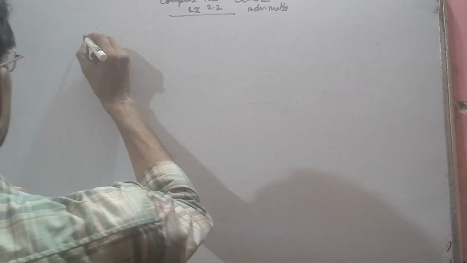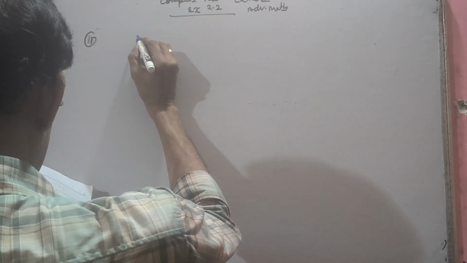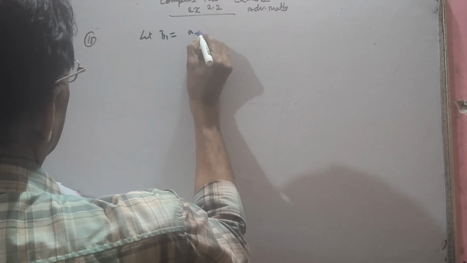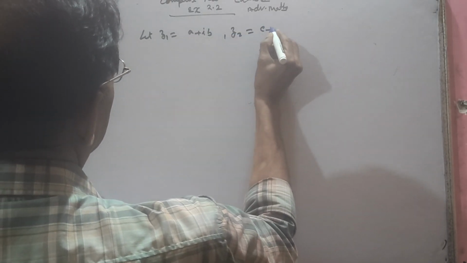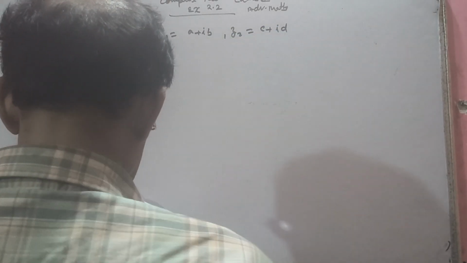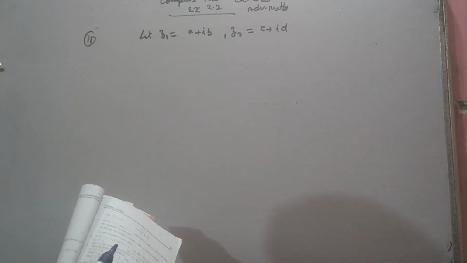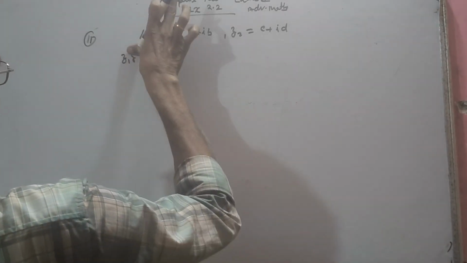Now number 10, find the additive and multiplicative inverse. Easy only, we have done it before. Number 11 I am doing. If z1 and z2 are two complex numbers, let z1 = a + ib and z2 = c + id. The question is asking to write Re(z1 z2). So first find z1 into z2.